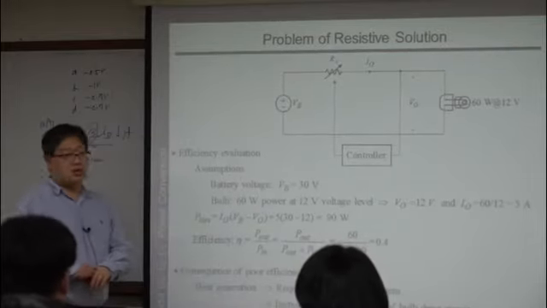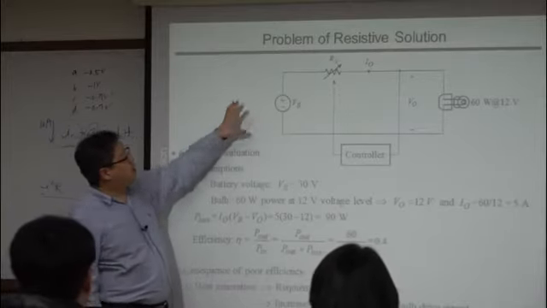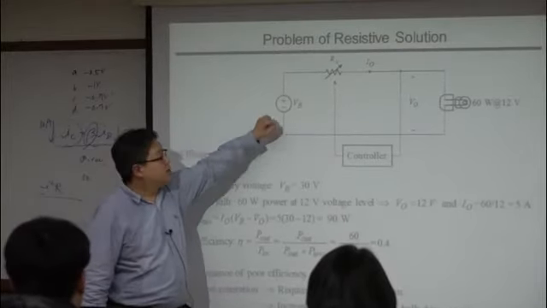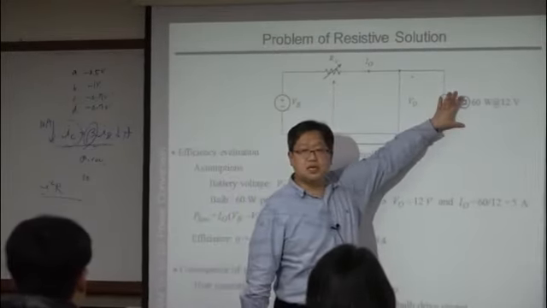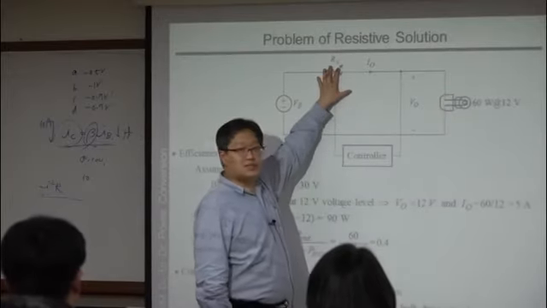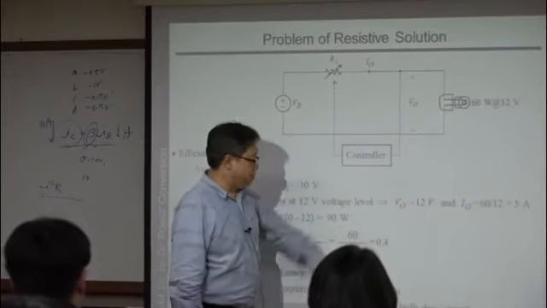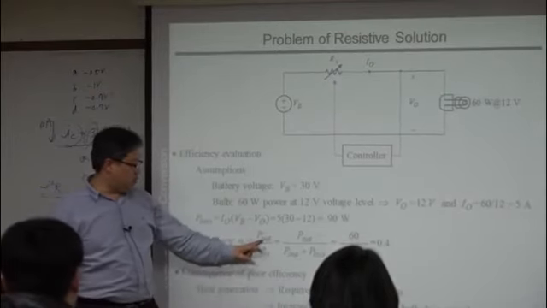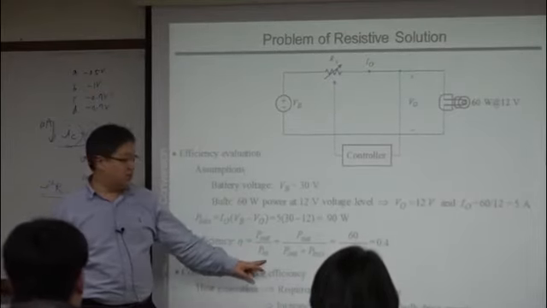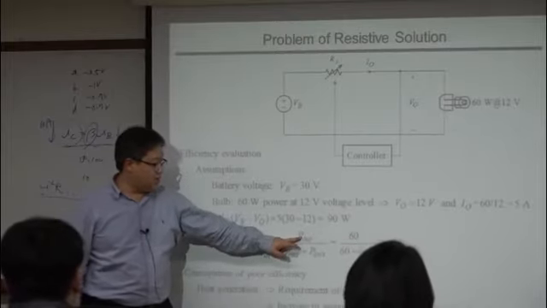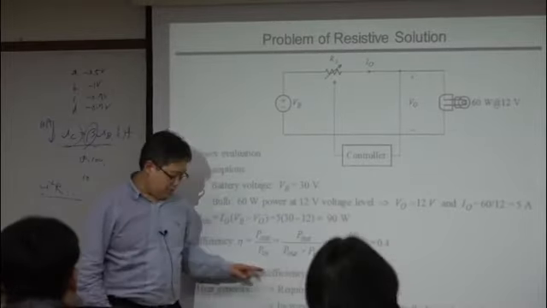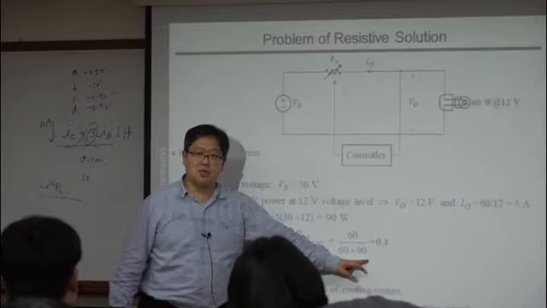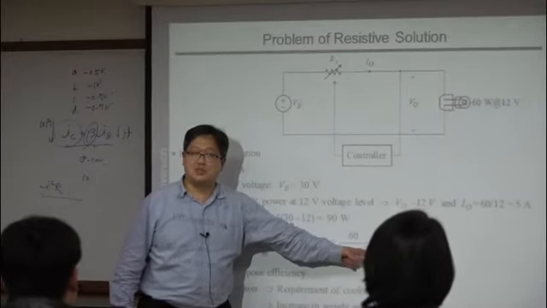You supply 150, you only get 60, and 90 is the loss. Then the efficiency is P out over P in. P out is 60, input is 150. Efficiency is just 40%.